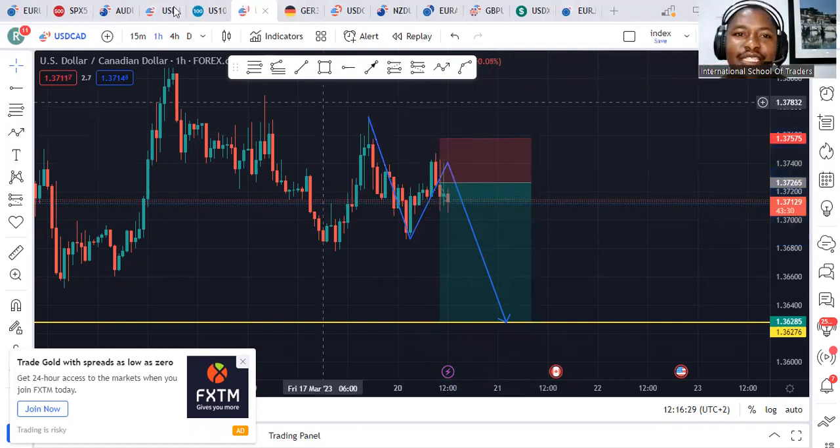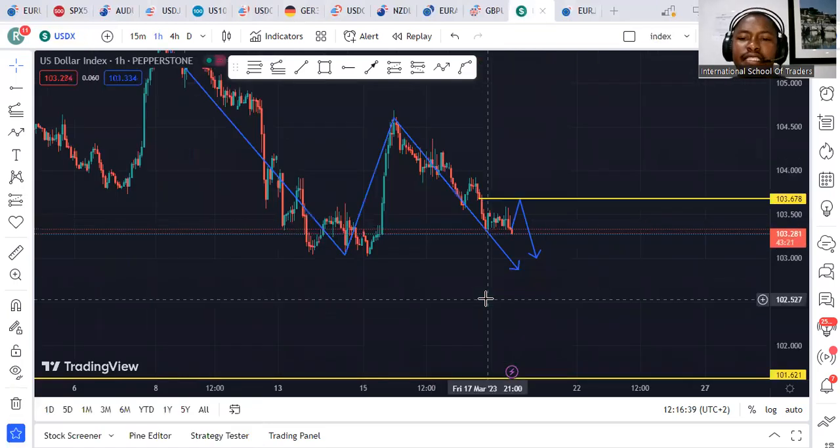And then we do have other ideas as well. I want to discuss a little bit of the USD index, right? The dollar index is the one that gives us an idea on what the market is thinking in terms of where we're going.